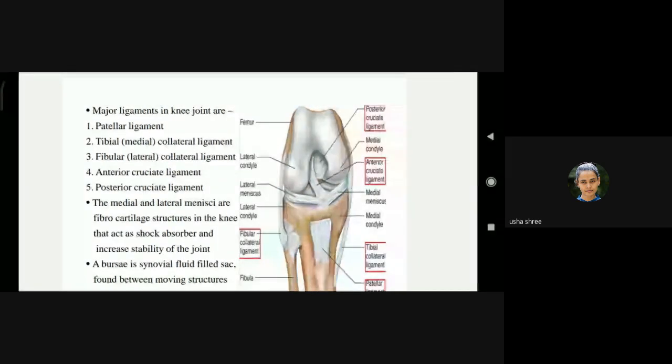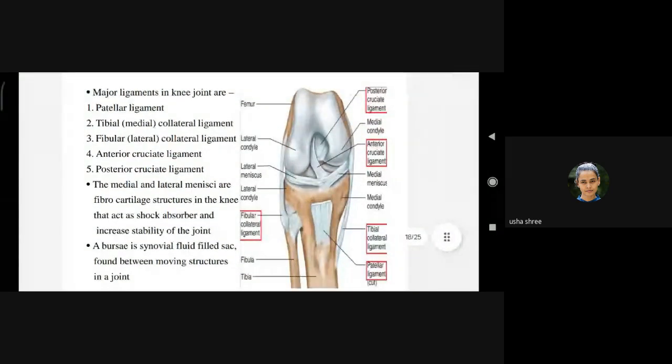So, next, the medial and lateral menisci are fibrocartilage structures in the knee that act as shock absorbers and increase the stability of the joint.